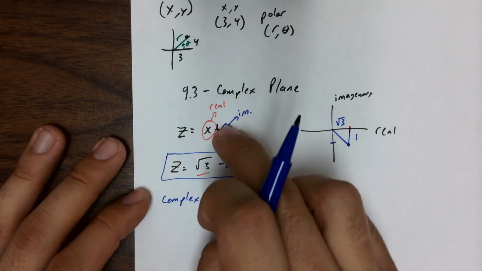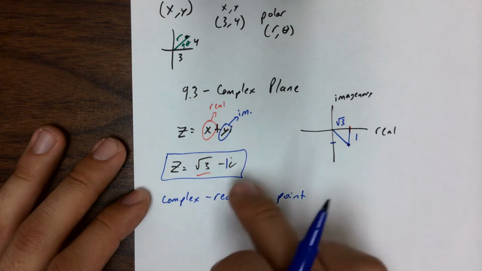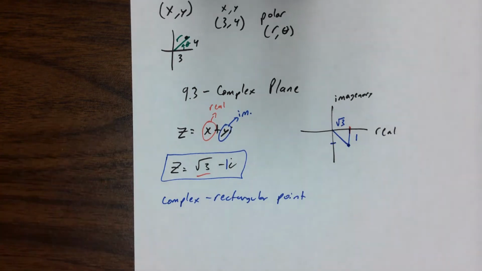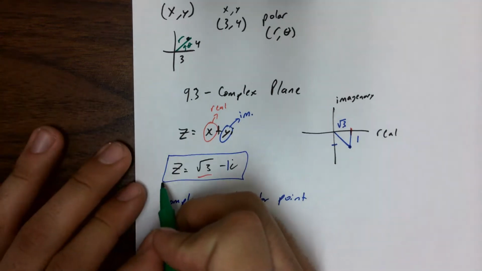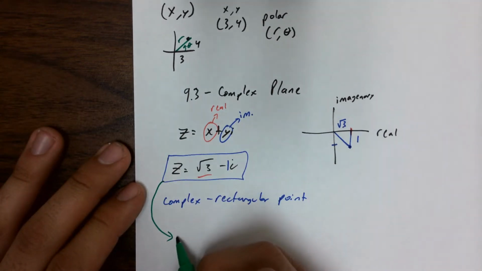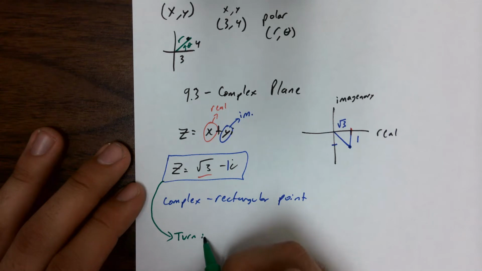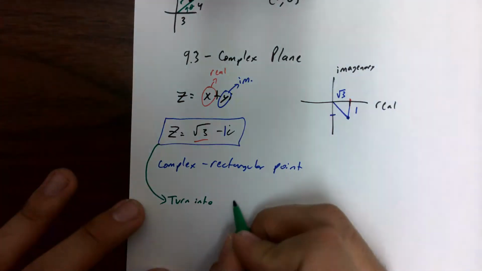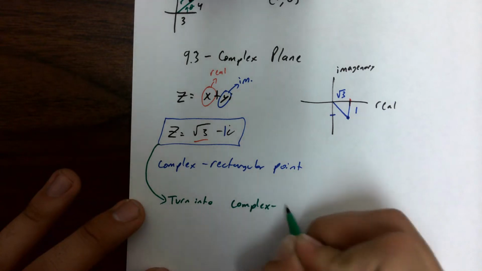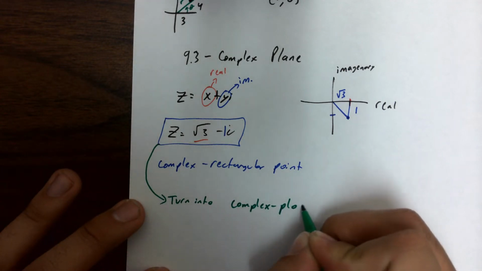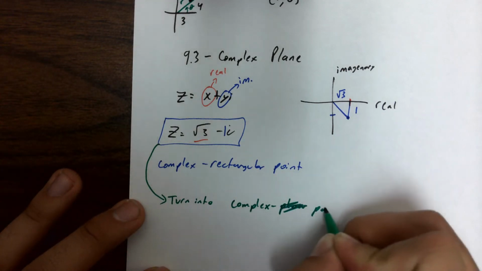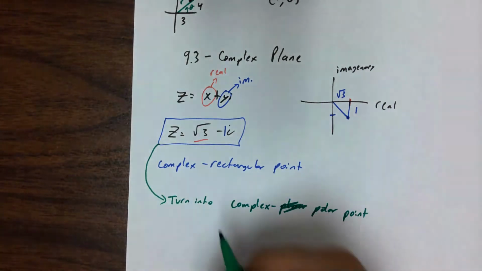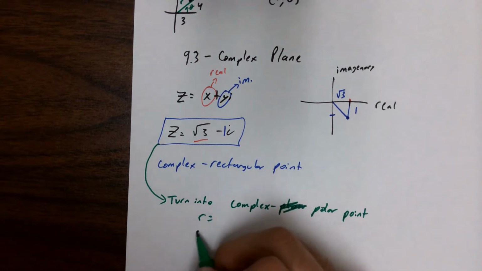If I wanted to turn this point into complex polar, that means I need to get some r and I need a theta.